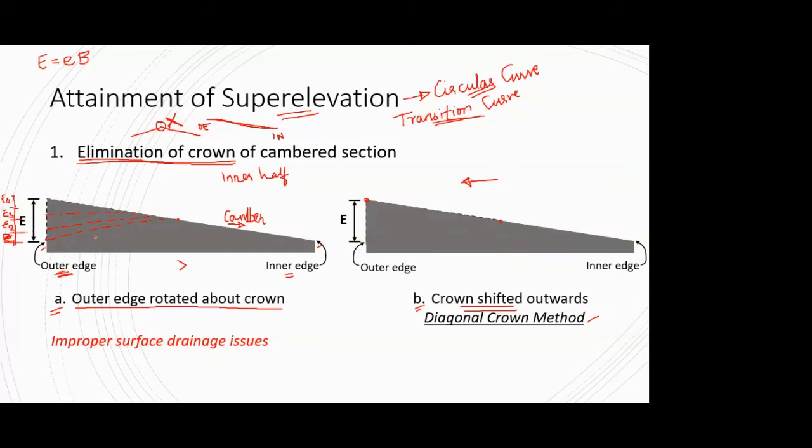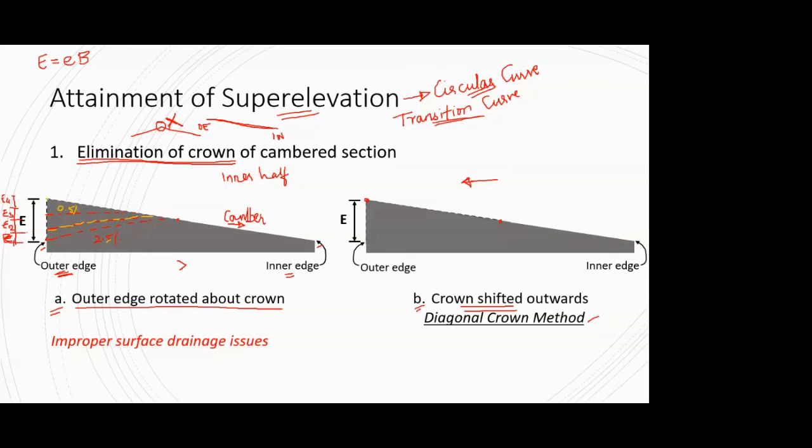Initially, if it would have been, suppose, 2.5%, now at this point, the one I am highlighting in yellow, it would have been reduced to either 2 or 1.5, any value below this 2.5 value. And the more I raise the outer edge, the camber will go on decreasing further. I am talking only about the one-directional camber.